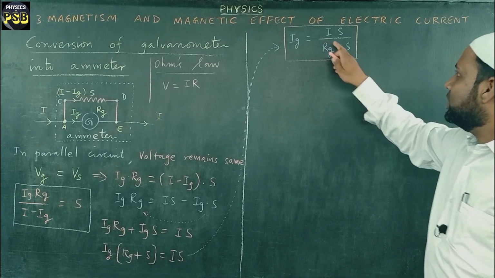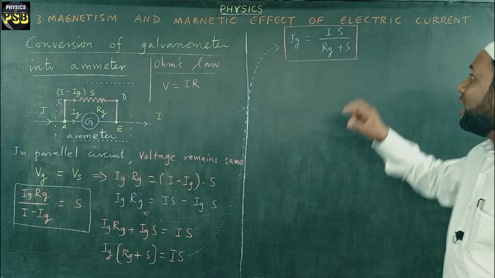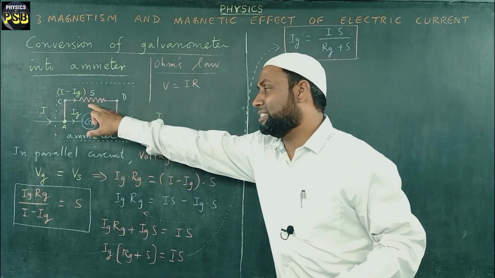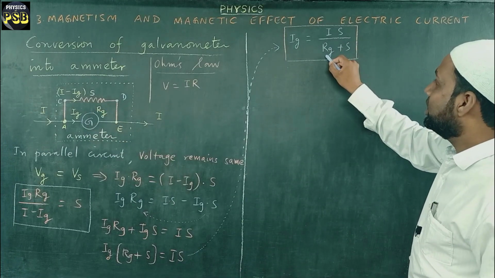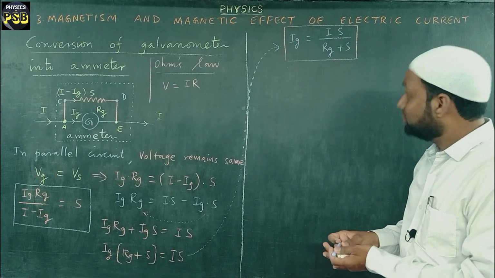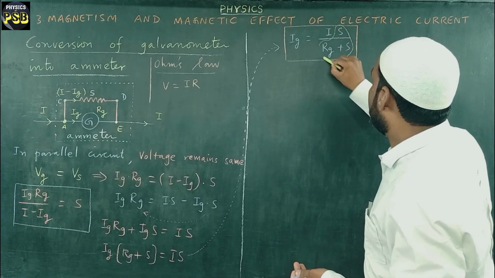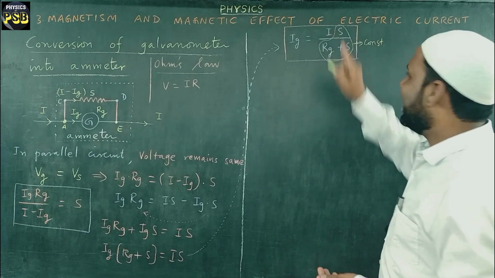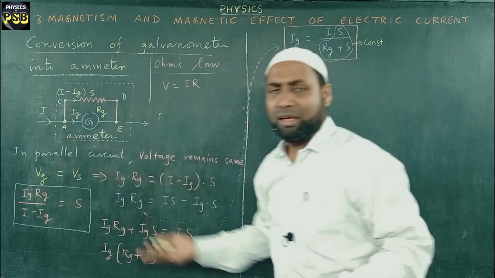Now, if you look at this equation carefully, you will find that the value of S, which is the resistance of the shunt resistance, and the resistance of the galvanometer are both constant. So I can say this term is a constant, whereas I, the current flowing through the circuit, may vary.